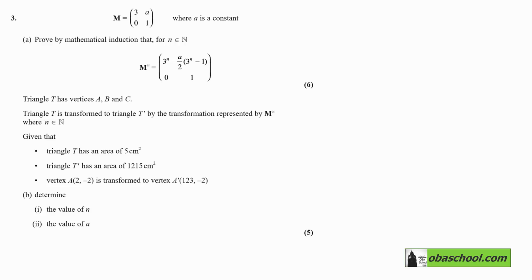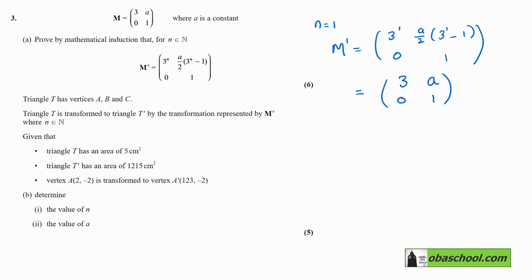So, let's start with n equal to 1. M to the power 1 is [3^1, (A/2)(3^1 − 1); 0, 1], which simplifies to 3, then A divided by 2 times 2, so that's going to be A, and then 0 and 1, which is the same as the matrix we were given up here.